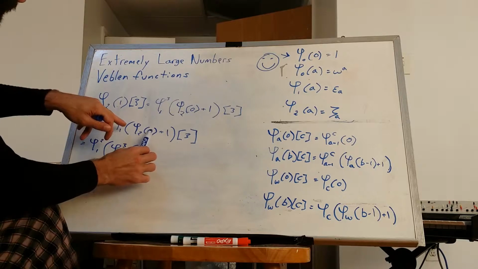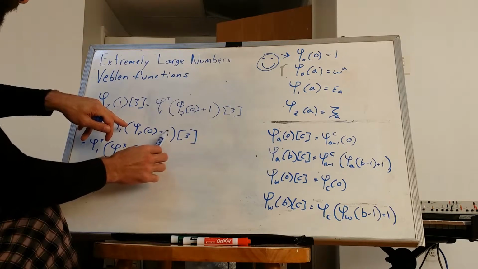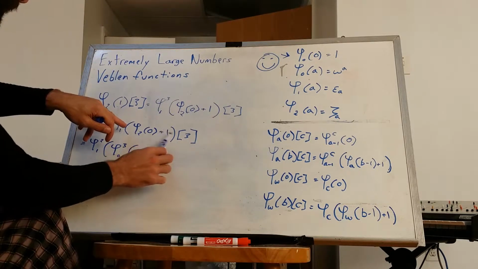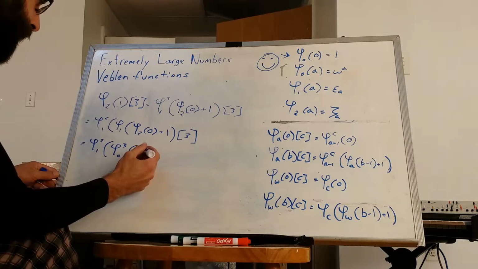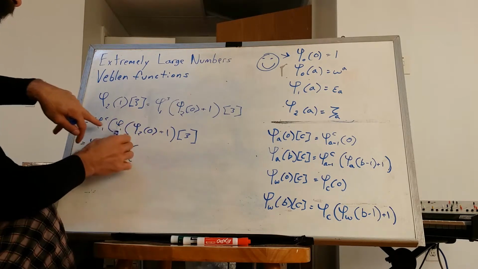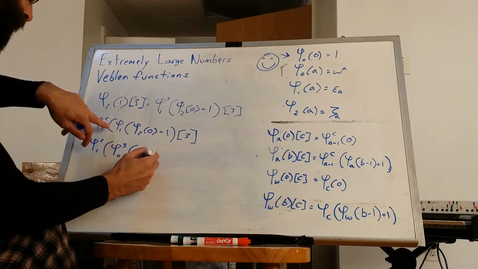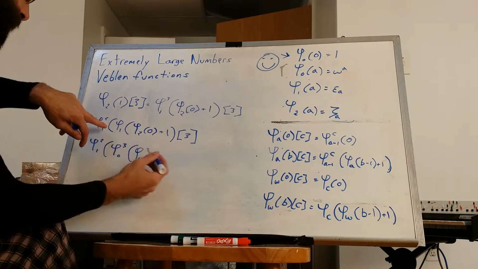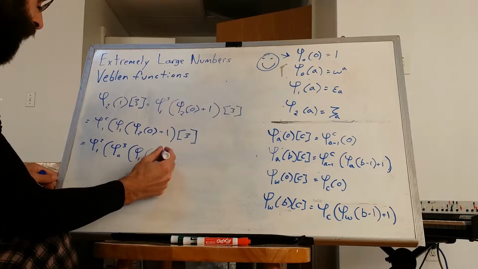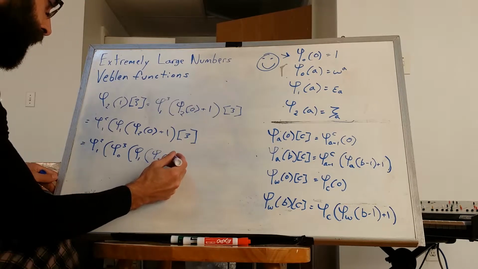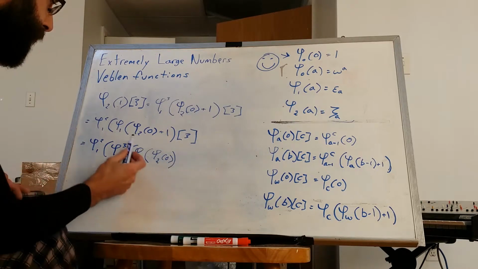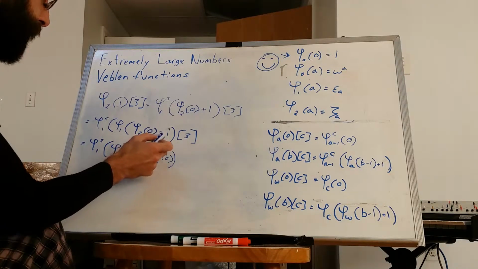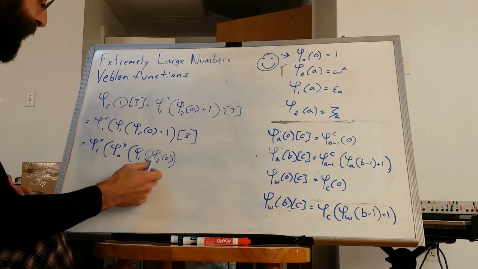So we have to minus 1 from here. So we can just get rid of this plus 1 here. That's nice and easy. So this minus 1 is just going to be this part here without this here. So we're going to write that down. We're going to have phi1, because remember this is still part of the thing that we have to rewrite. So phi1 of phi2 of 0, this minus 1, we're just going to close that bracket here because phi2 of 0 plus 1 minus 1 is just phi2 of 0.